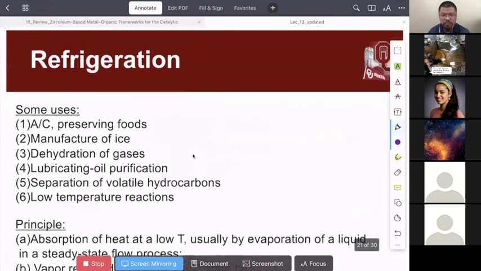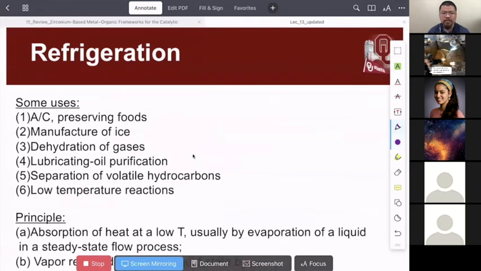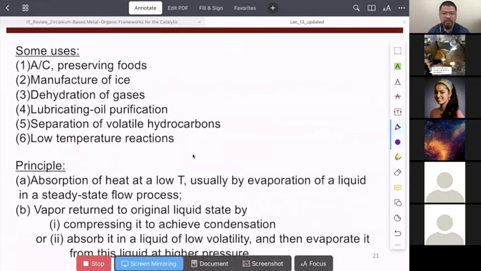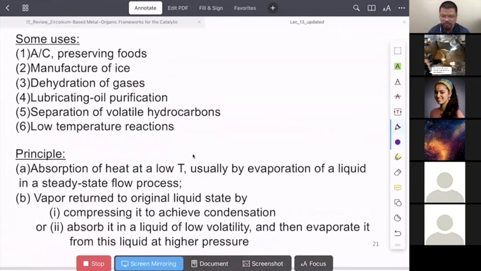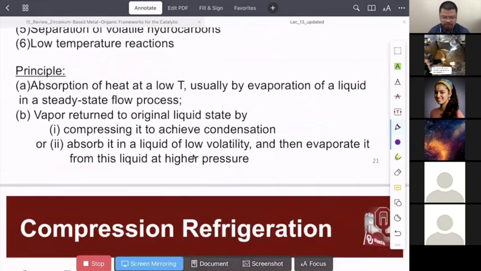So for the last part, I want to quickly go over the refrigerator process. I have those notes, and I trust you've read or you will be reading, so I'm not going to go over this.